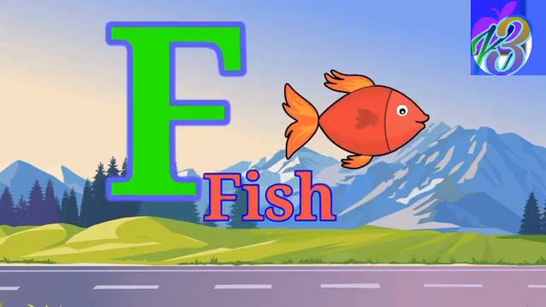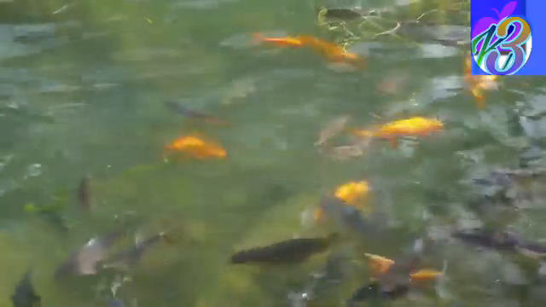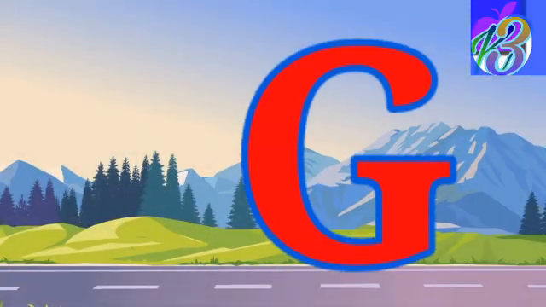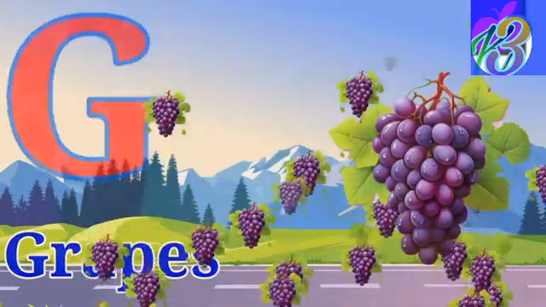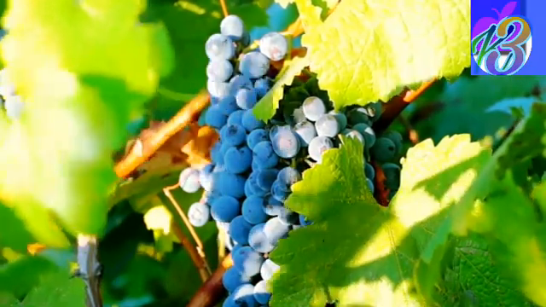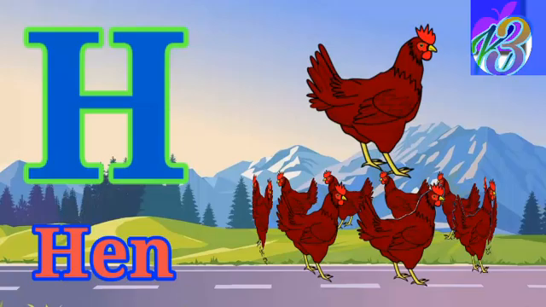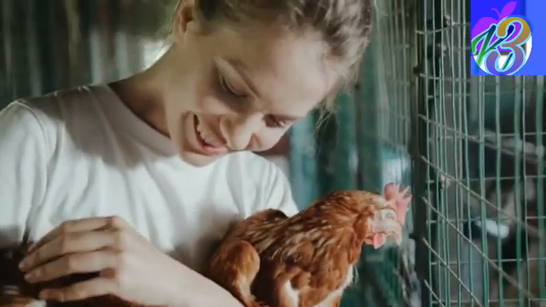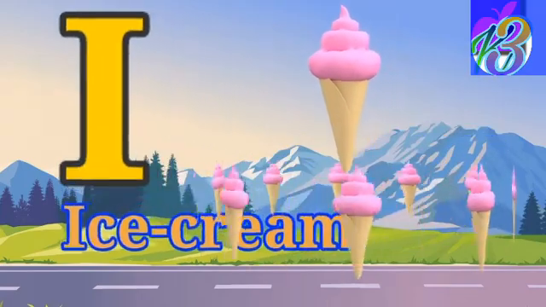F for fish. G for grapes. H for hen. A, B, C, D, E, F, G, H, I, J, K, L, M, N, O, P, Q, R, S, T, I for ice cream.